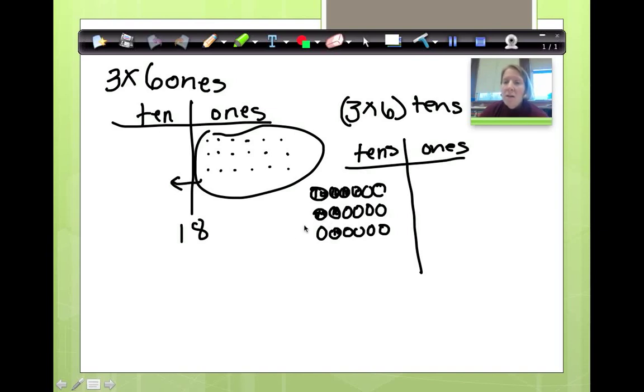So what do we have now? We have 3 times 6 times 10, because each one of them is 10. Okay, and we changed the parentheses, and we found out that this was 180. The only difference is that we moved it from the 1s pocket over to the 10s pocket.